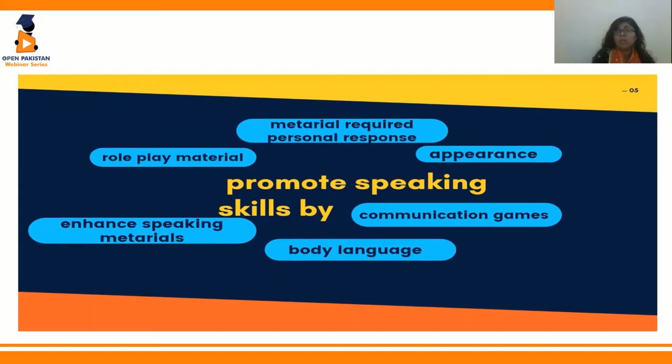And the body language: you must tell them that their body language must be appropriate during speaking. Or give them enhanced speaking materials from time to time, show them some motivational speakers or some very good speakers and say to them, speak like them, so they will create abilities to speak confidently and all that. So we can promote speaking skills by that.